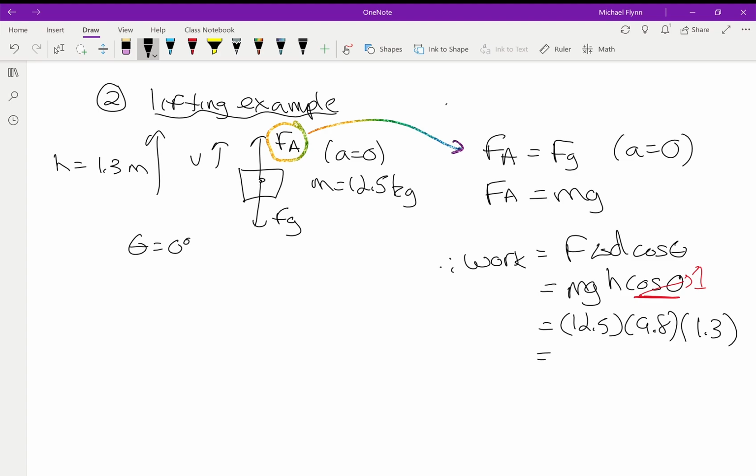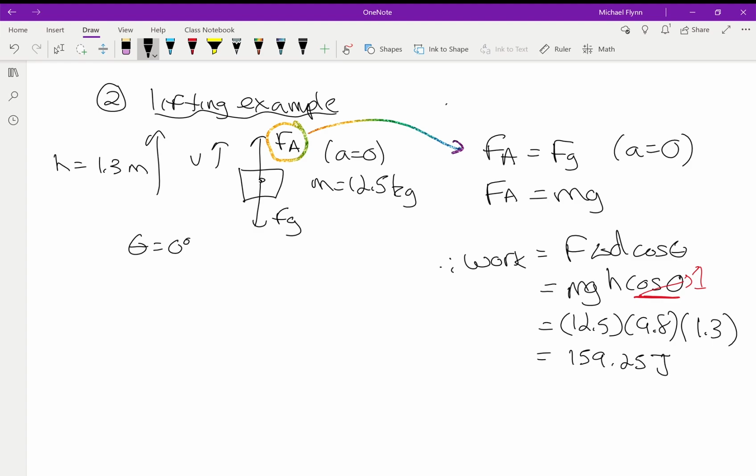And what do I get? Well, 12.5 times 9.8 times 1.3 is 159.25, so 159.25 joules. Okay, so that energy you got from your bowl of cereal this morning, well, you're using it up lifting that weight.